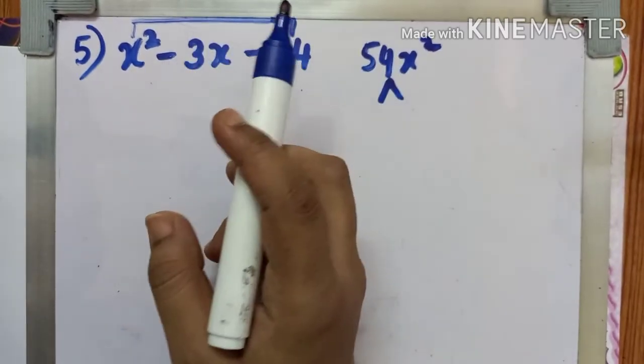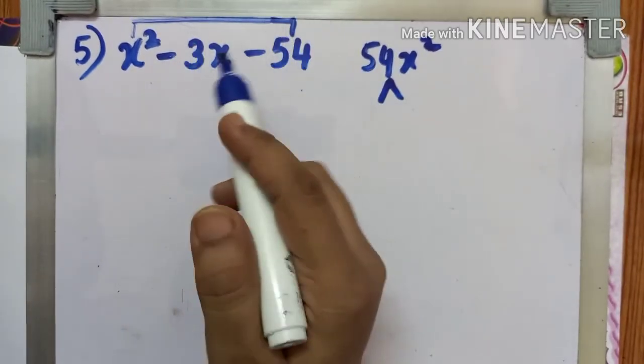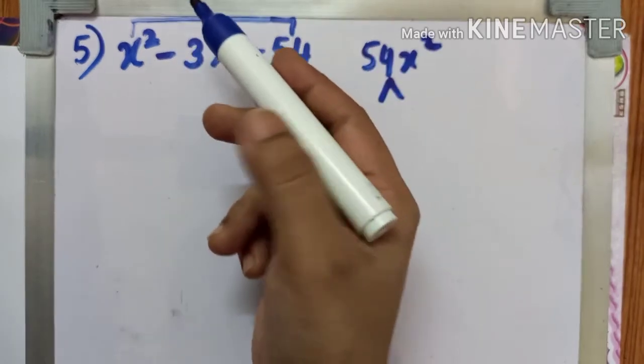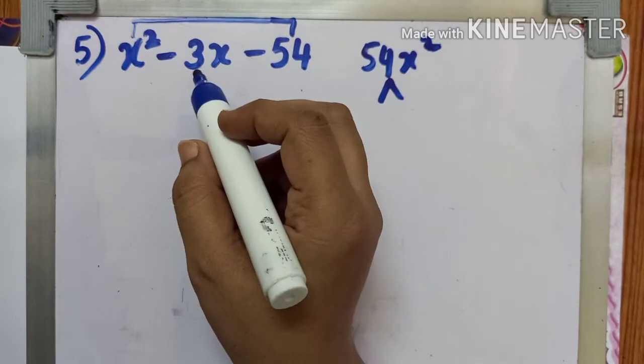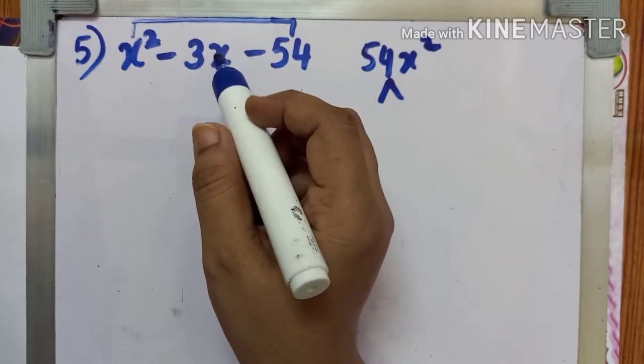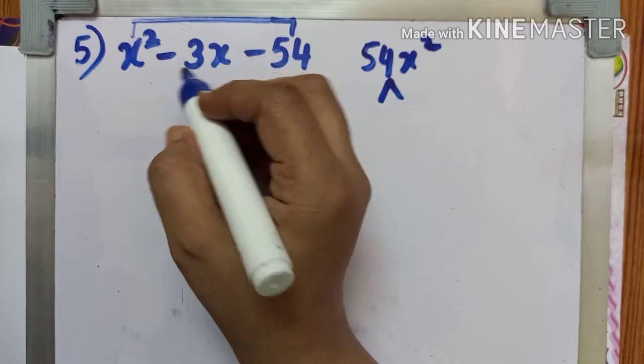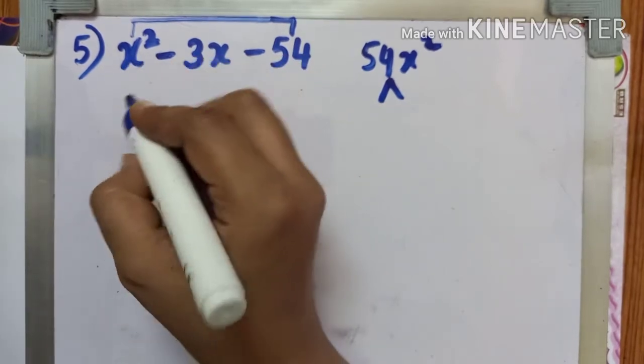So if you subtract or add 9 and 6, you should get minus 3x, you have to think. Yes, minus 9 plus 6 will give you minus 3.